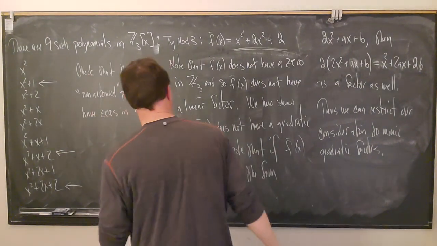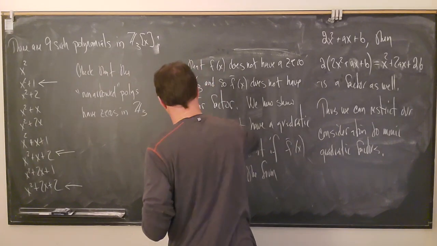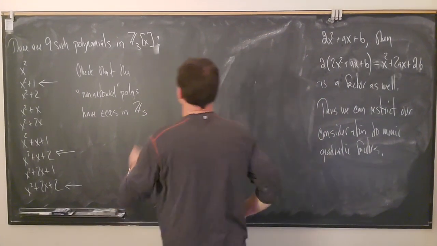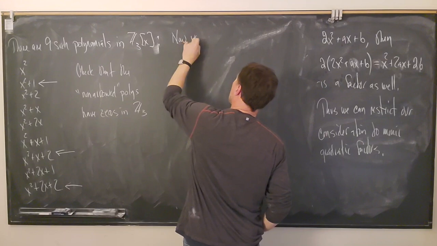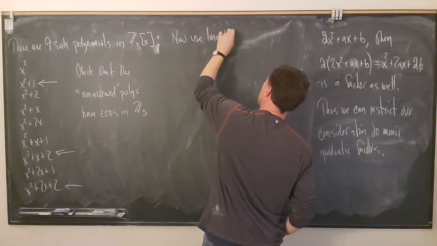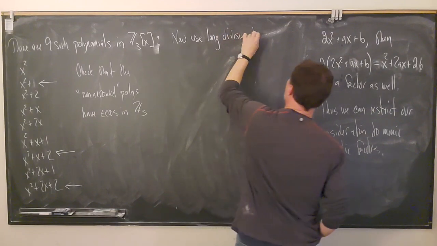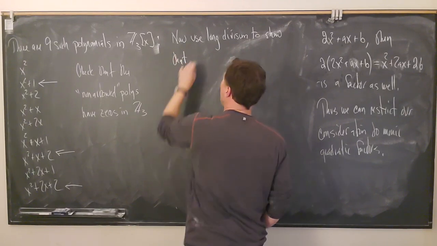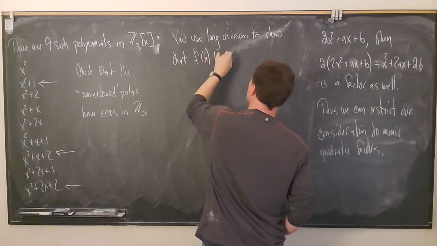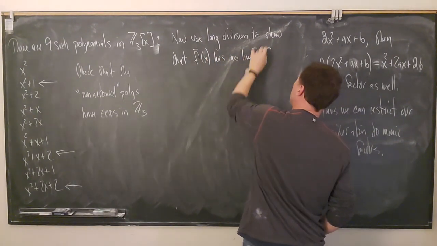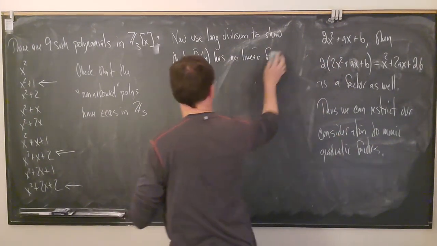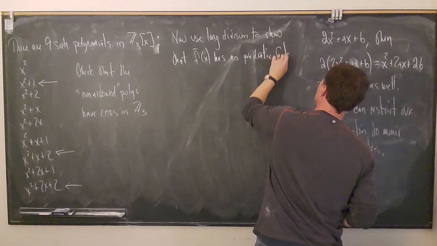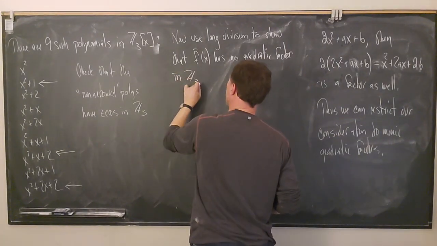And you can actually verify using long division, so I'm just going to say now, use long division to show that f bar of x has no quadratic factor in Z3 bracket x.